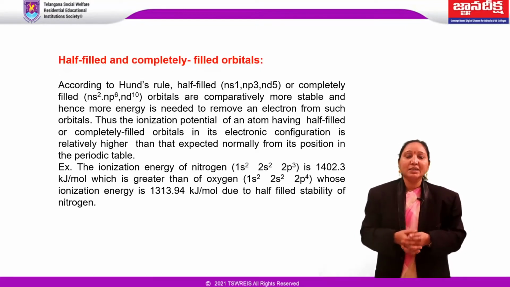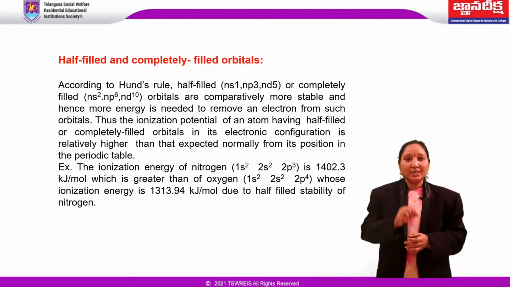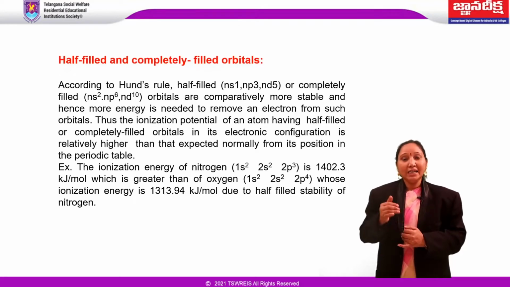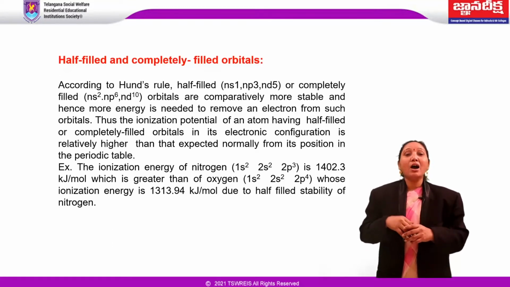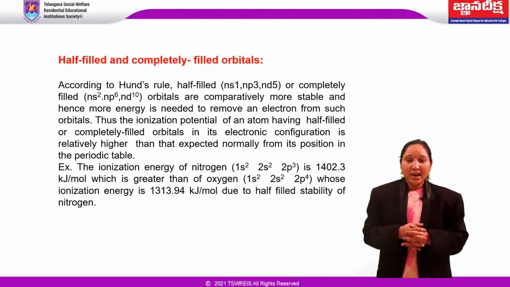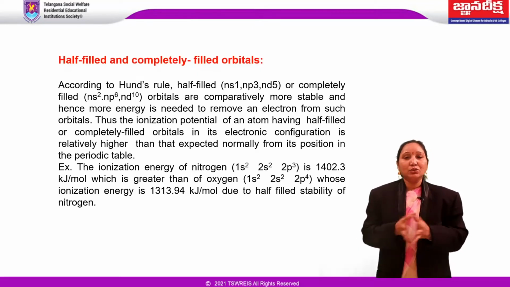For example, take nitrogen and oxygen. In nitrogen, the atomic number is 7 and the configuration is 1s2, 2s2, 2p3. Here, the p orbital has one unpaired electron in each of the degenerate orbitals. That means nitrogen has half-filled stability, so it requires more energy to remove an electron from nitrogen.